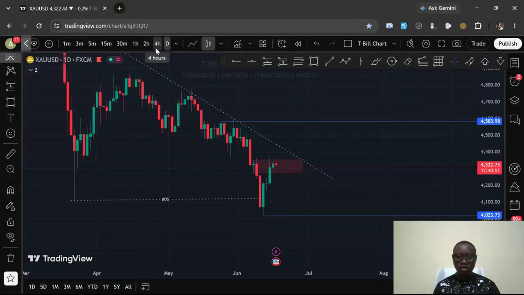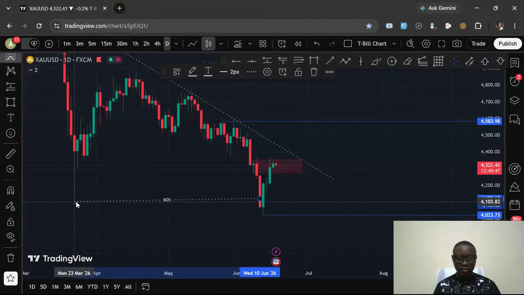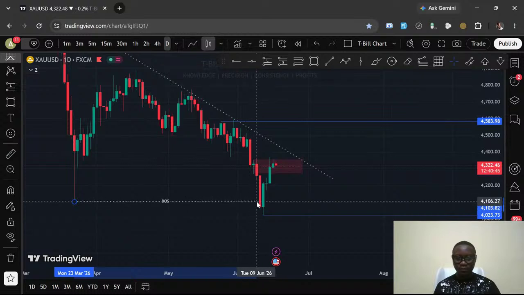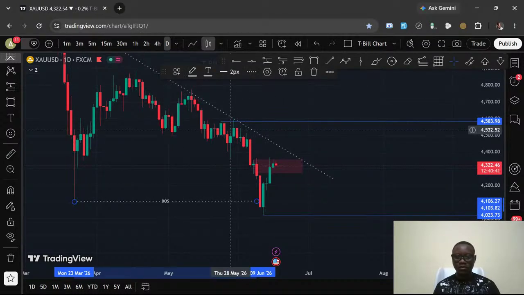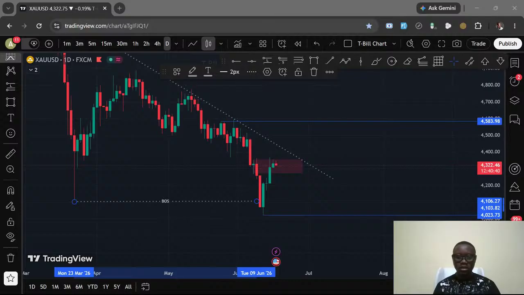So let's drill down to the 4H time frame. Let's drill down to the 4H time frame and further refine the zone.